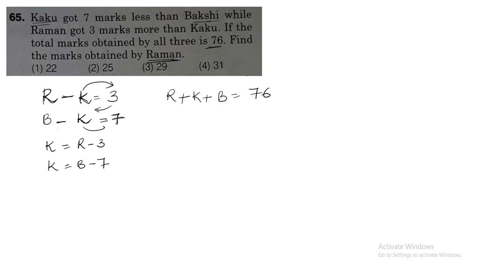So K is equal to R minus 3 and K is equal to B minus 7. Instead of taking 3 variables, it is somewhat difficult to solve, right? It takes somewhat more time.